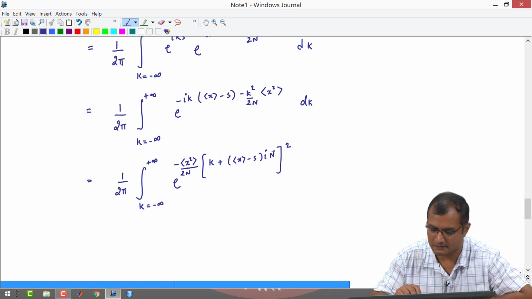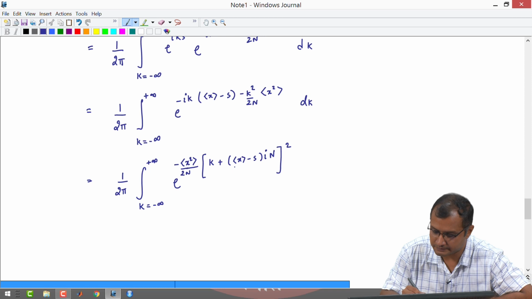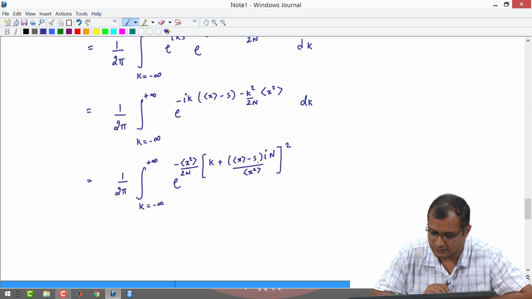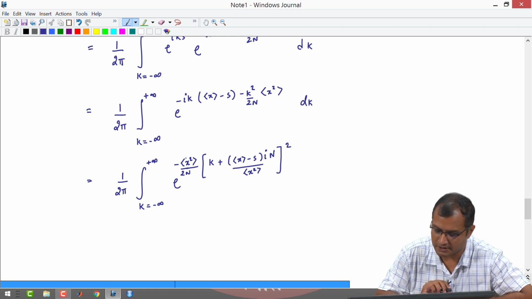So 2 times of this would give me just ik into |x| minus s with a minus sign, and I also need a division by |x| square. So that cancels with the outside |x| square, and 2 cancels with 2, n cancels with n, I get this.